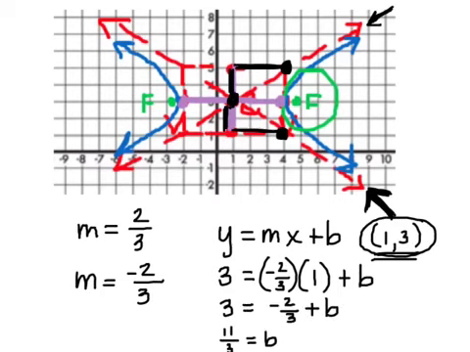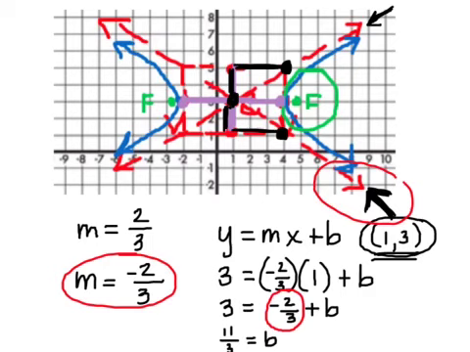So if I end up adding 2/3 to both sides, I end up with 11/3 is equal to b. And so I can write my equation for this negative sloped line, which is this red one right here, and it is y, we'll go generic on our x and y now, to represent all the x's and y's on the line, and then we'll put in our slope of -2/3, our generic x, and then plus 11/3.